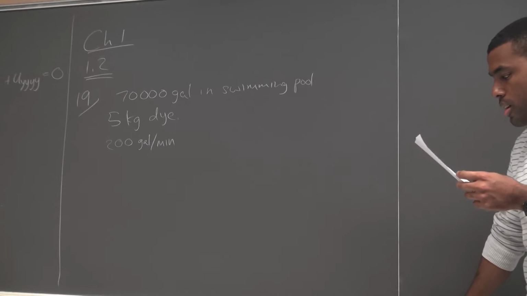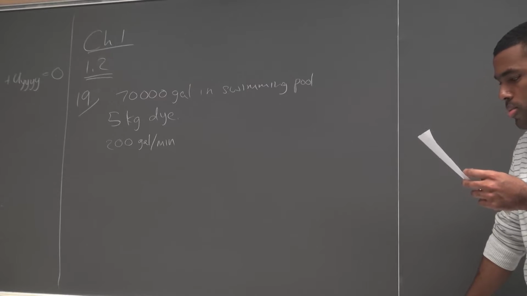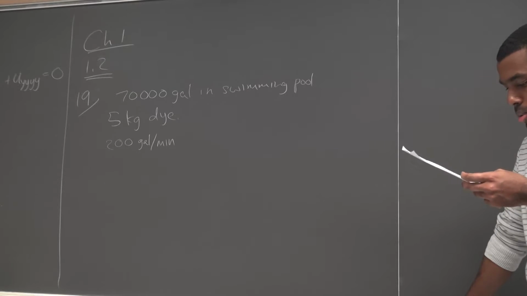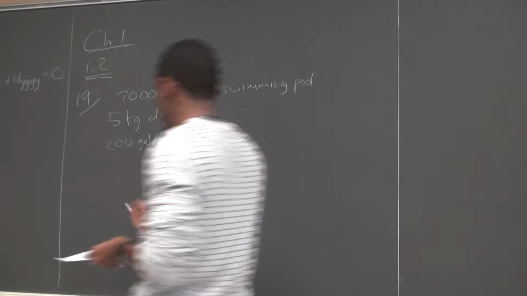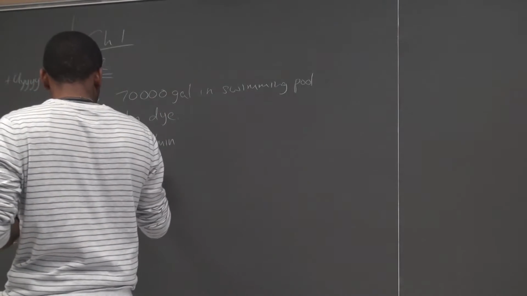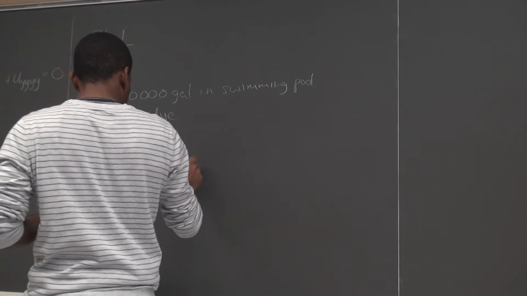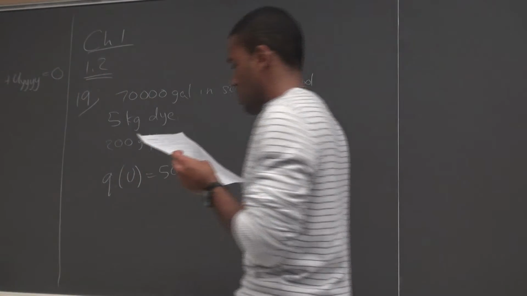It contains 70,000 gallons of water and 5 kilograms of non-toxic dye. I guess we can work in kilograms. Well, they ask for grams here. So you already know Q of 0, that's the easy part. So we want to work in grams.